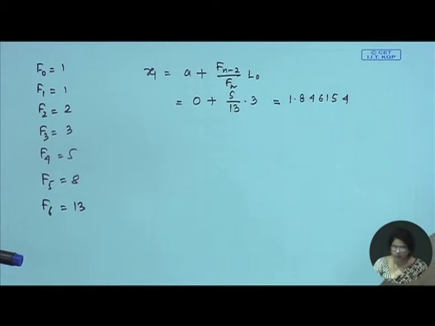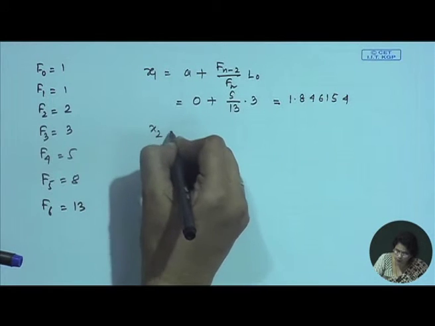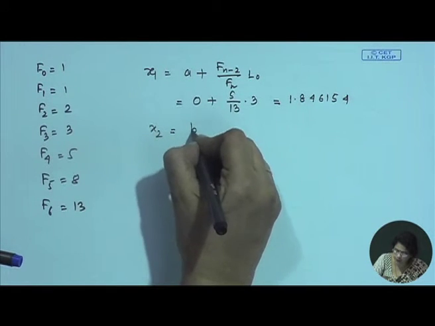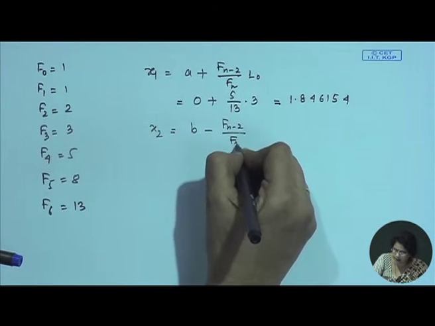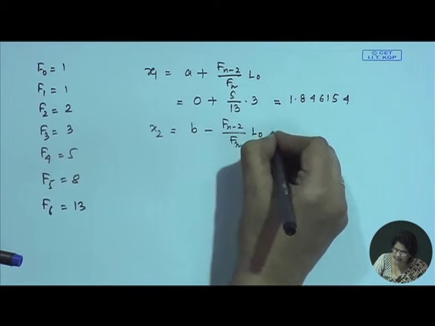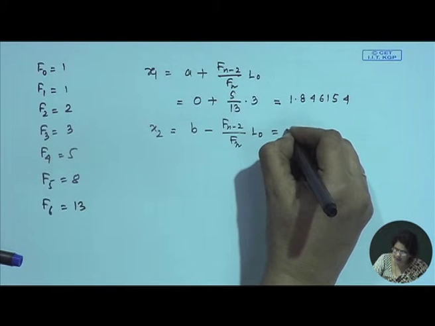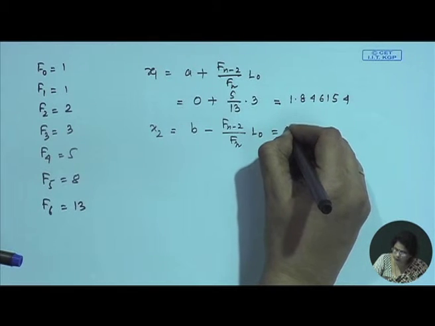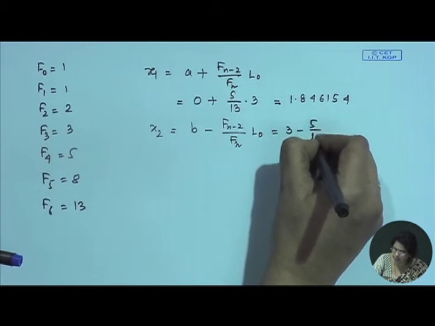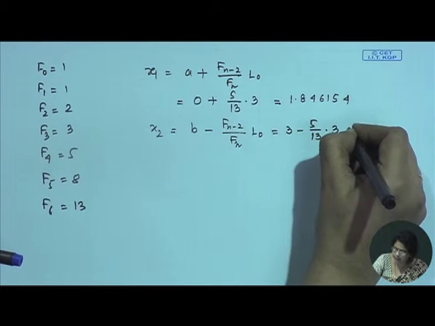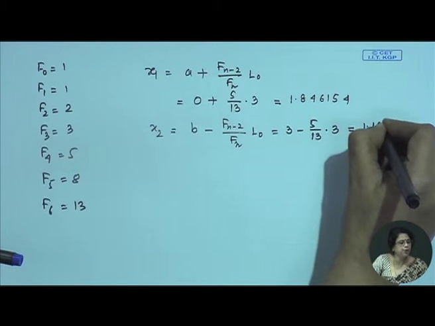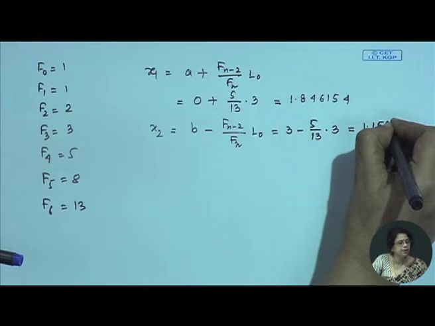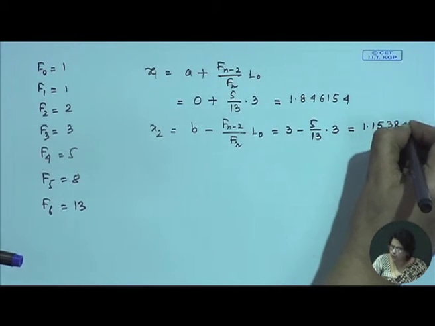Okay, and I will take x2. This is equal to b minus (Fn minus 2) by Fn into L0. That is why this value is coming as b, which is 3, minus 5 by 13 into 3, equal to 1.153846.